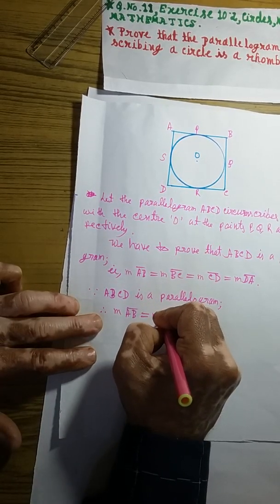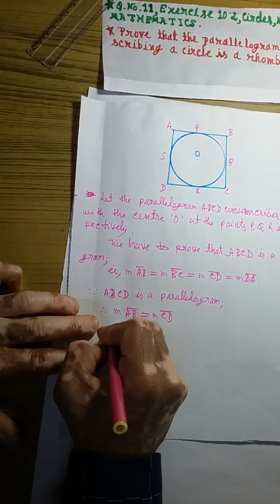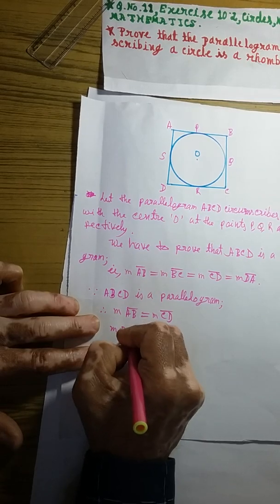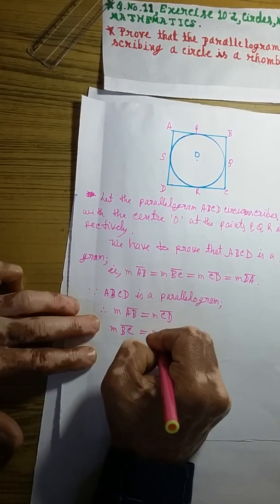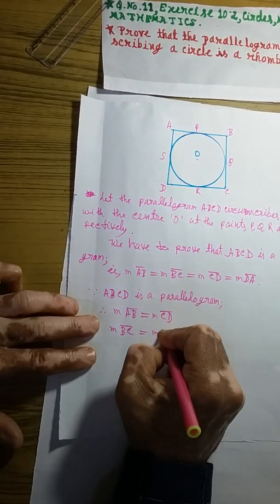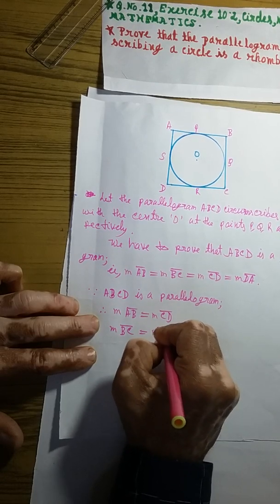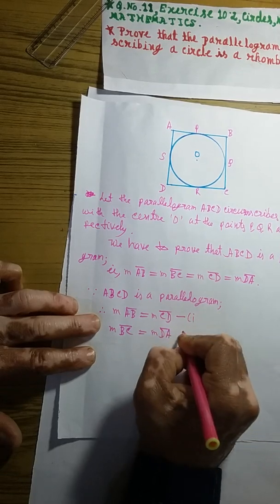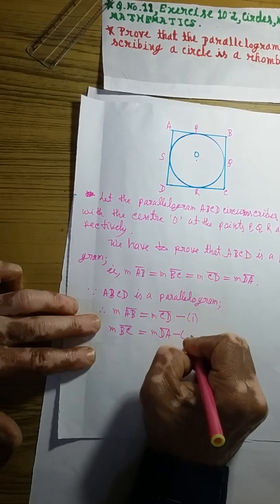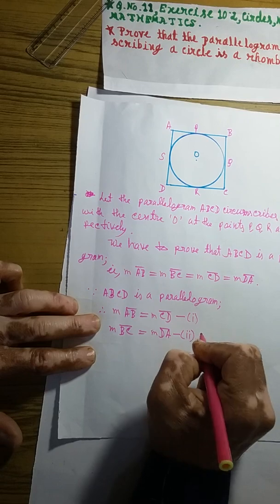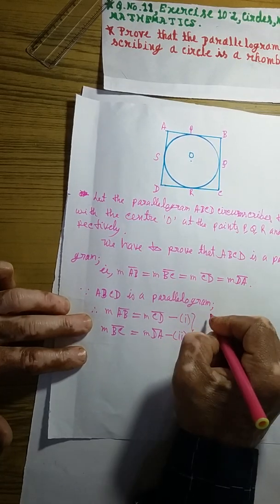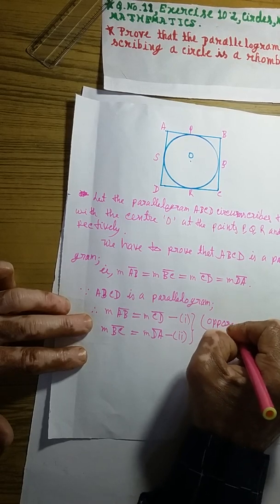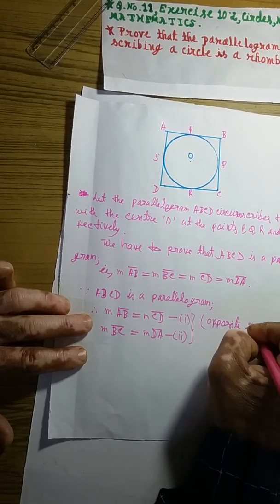Let us name this relation as 1. Measure of BC is equal to measure of DA. Let us name this relation as 2. Write within bracket, opposite sides.